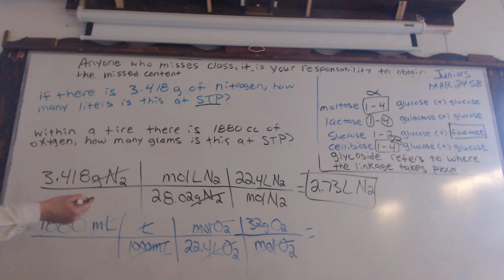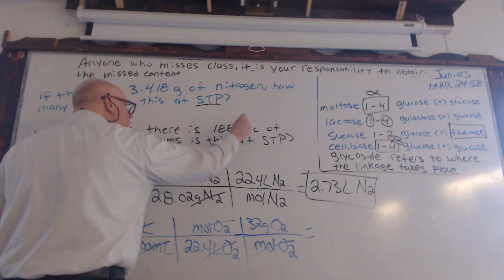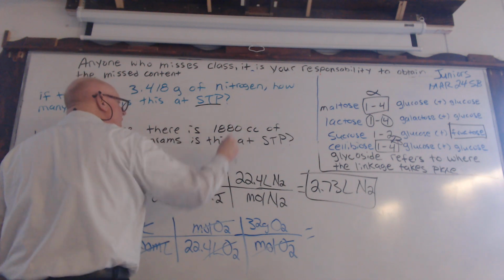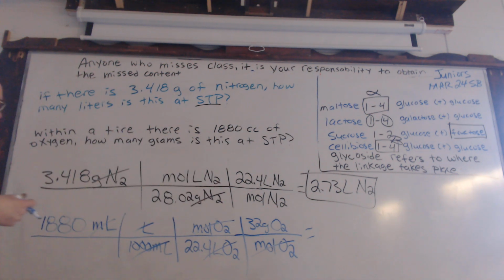But then you might be asking yourself, now, wait a minute, what is it that we're actually starting with? We're not looking for a volume, we're starting with that, so we don't have to be worried about whether it's milliliters or liters. So you're going to get two different answers, and I'll show you what I mean. Okay, so 1880 times 32, and then divide by 22,400.